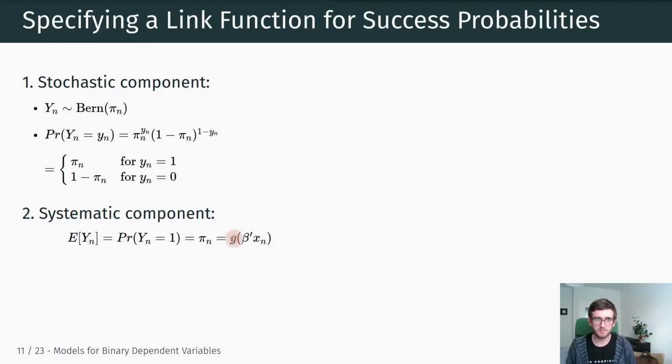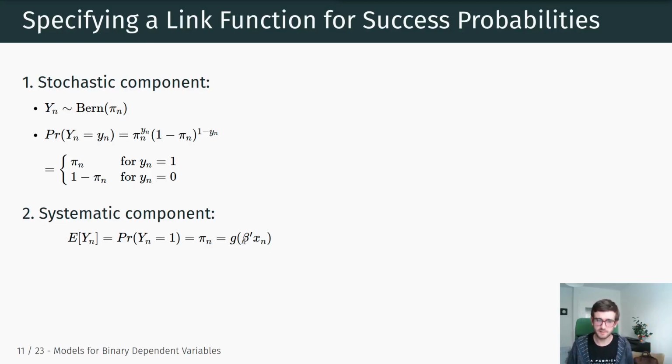But now on top of that, we have this g function. This is the link function that ultimately takes this systematic component and maps the linear combination of those predictors and coefficients to the range from 0 to 1 to model the probability. Okay.